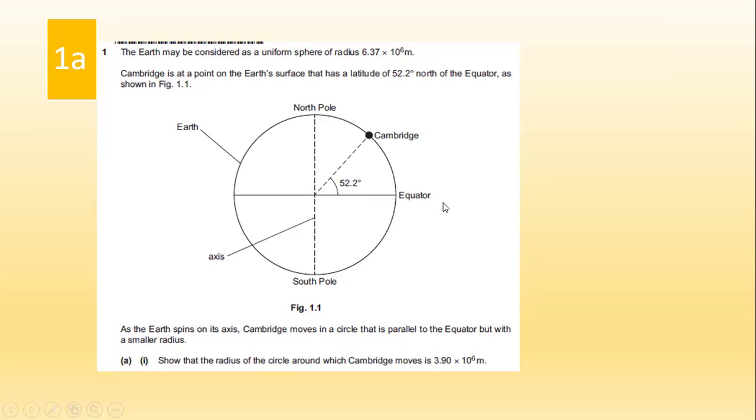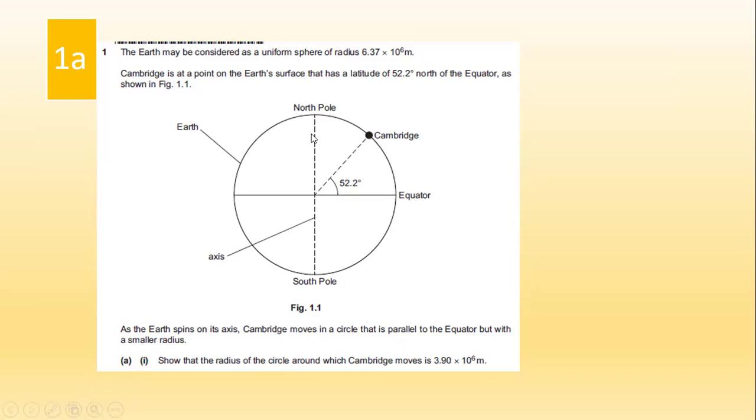As the Earth spins on its axis, Cambridge moves in a circle that is parallel to the equator, but with a smaller radius. Show that the radius of the circle around which Cambridge moves is 3.90 times 10 to the power 6 meter.